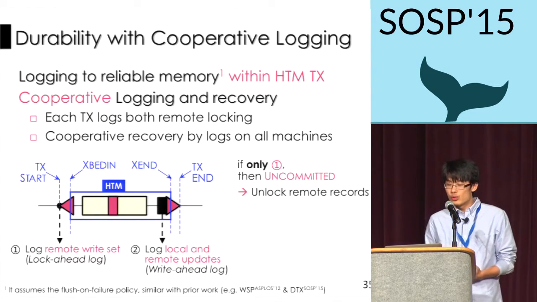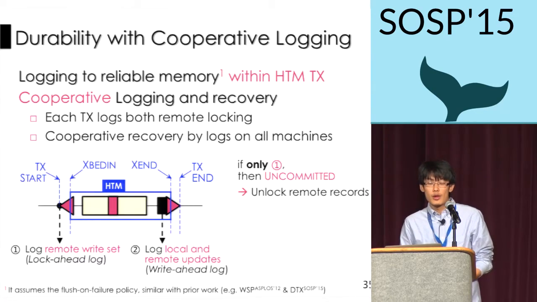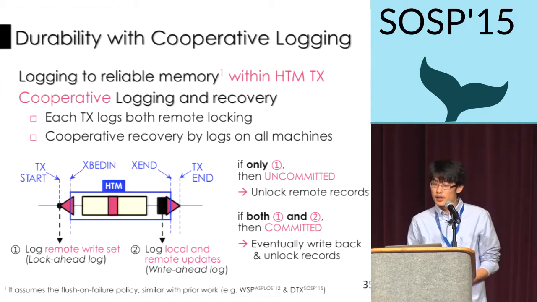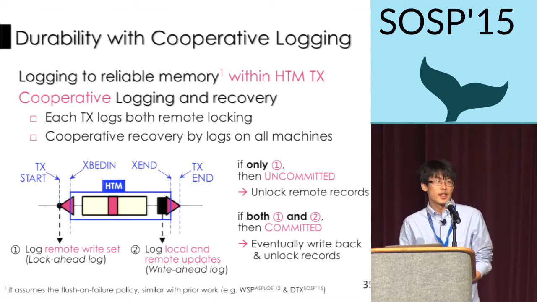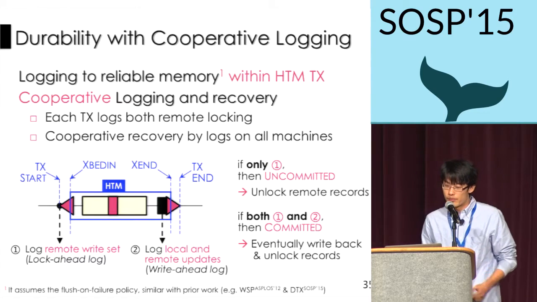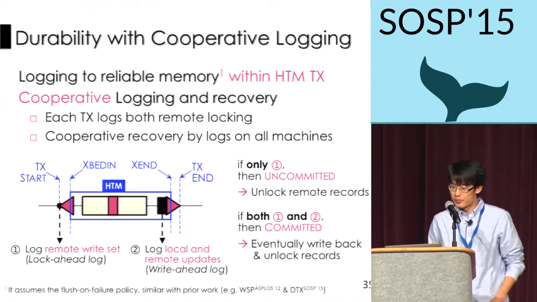So there will be two logs for each transaction, one for lock acquisition and one for data modifications, and only if both logs exist do we consider a transaction committed. So that's all about the transaction layer of DrTM.